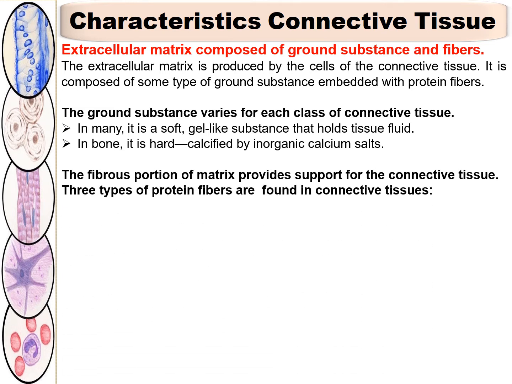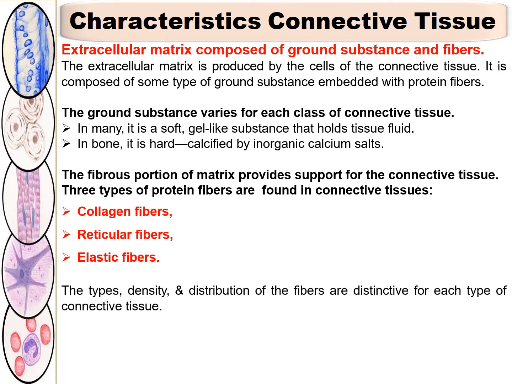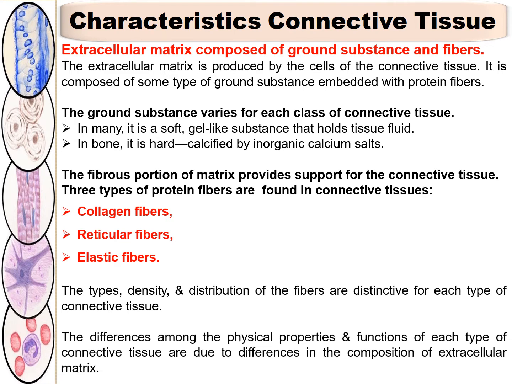There are three types of protein fibers found in connective tissues: collagen fibers, reticular fibers, and elastic fibers. Further, the type, density, and distribution of the fibers are distinctive for each type of connective tissue.